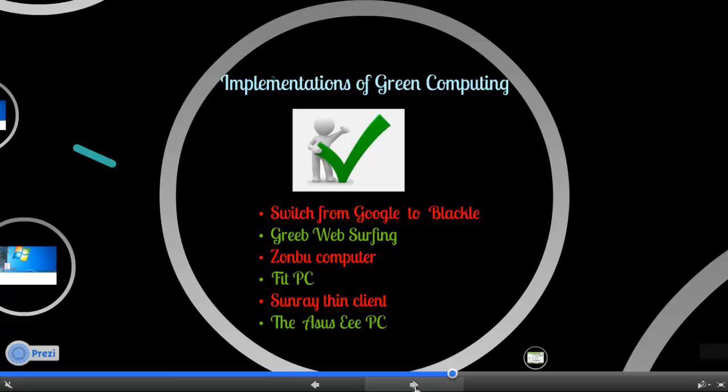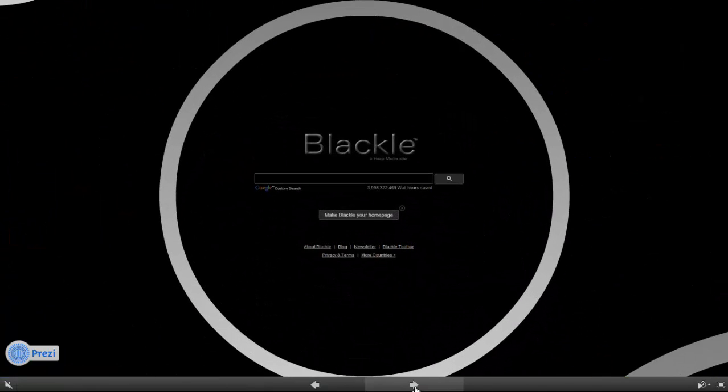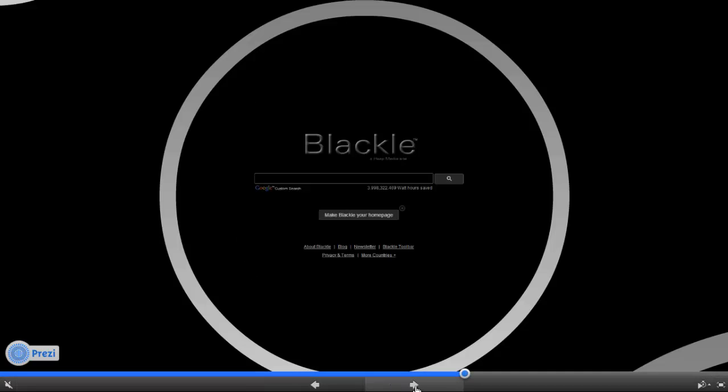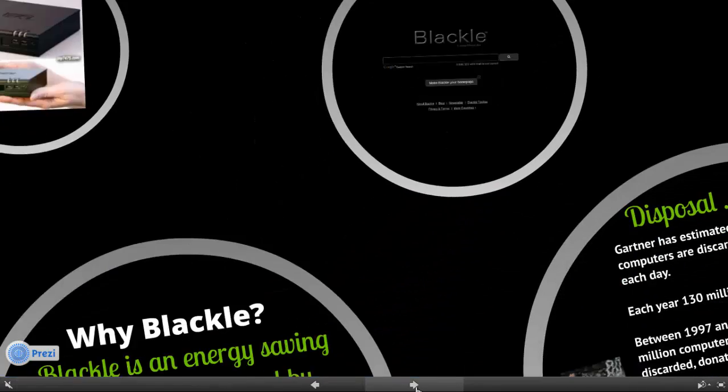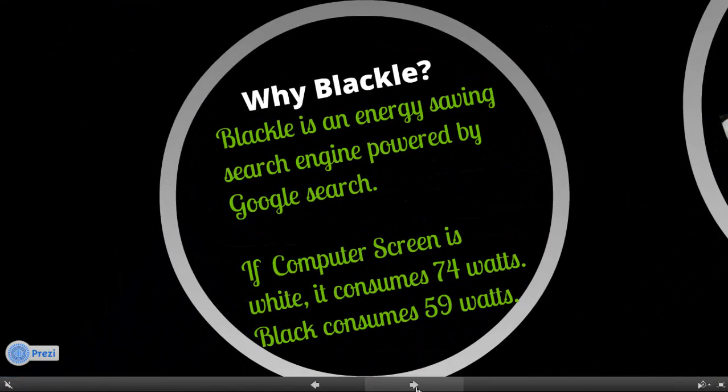Of course, let us see what is Blackle. See the screen behind the background screen is fully black. What is Blackle? It is a search engine site powered by Google Search. Based on this concept that when presenting an empty Word page or the Google home page, if a computer screen is white, it consumes 74 watts, whereas black consumes only 59 watts.